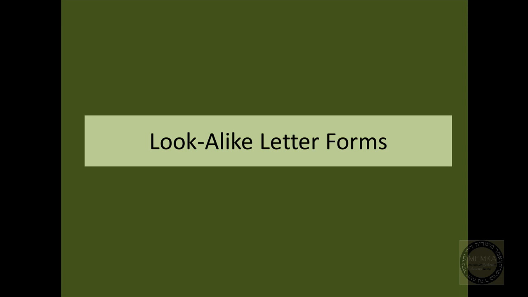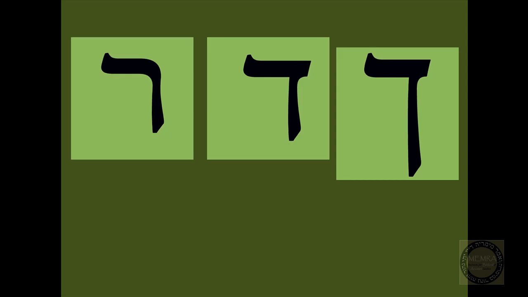Now let's take a look at some look-alike letters, how to tell them apart. I would recommend you review this video a lot until you can instantly tell one from the other. Here are 3 that look a lot alike. You'll notice that if we have an imaginary line right here, the one on the right goes below the line.